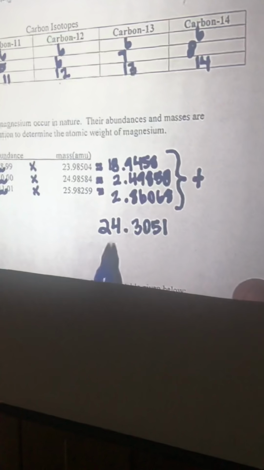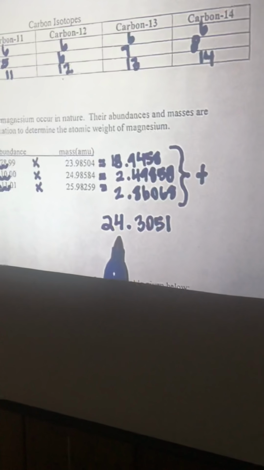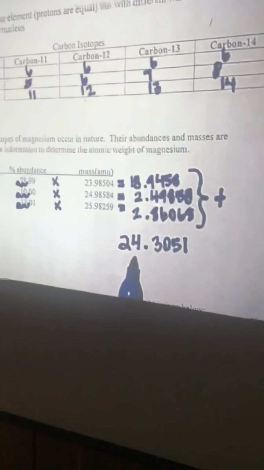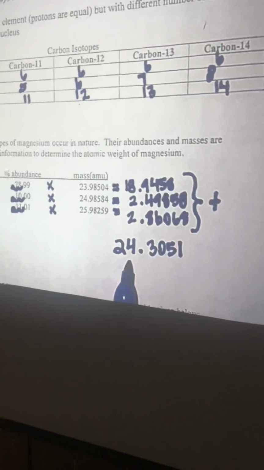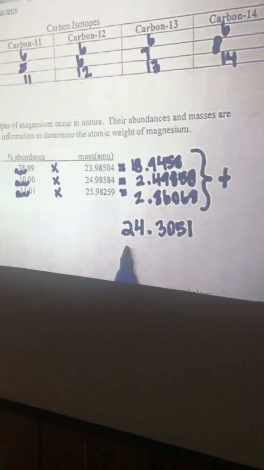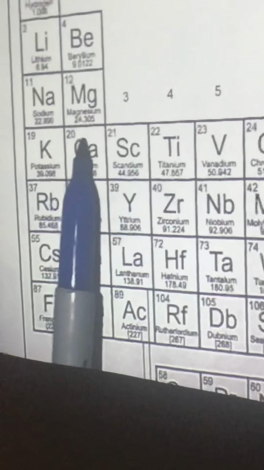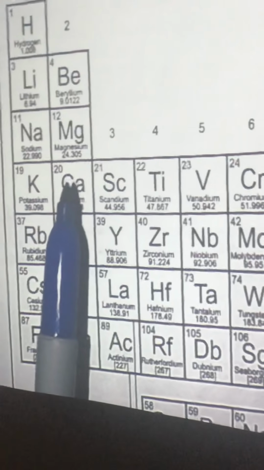The easy way to check this is, my element is magnesium. So in order to see if I did the work right, we're just going to refer to the periodic table and find the atomic mass of magnesium. So let's go over here, magnesium, and guess what? 24.305. So we're very, very close, meaning we did the work right.